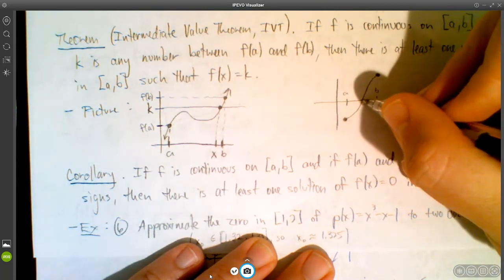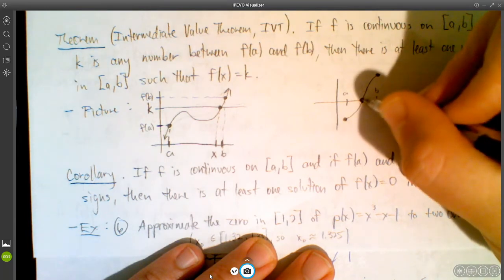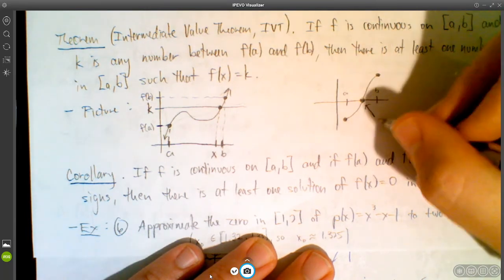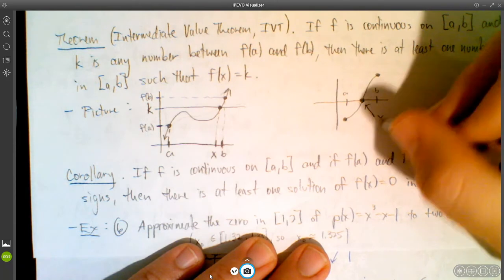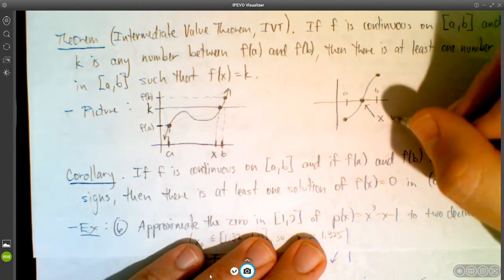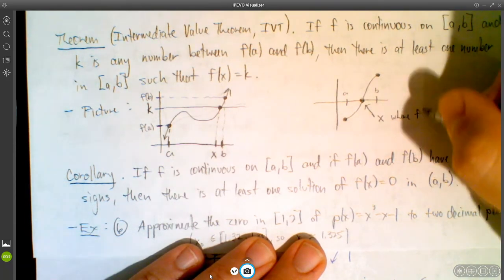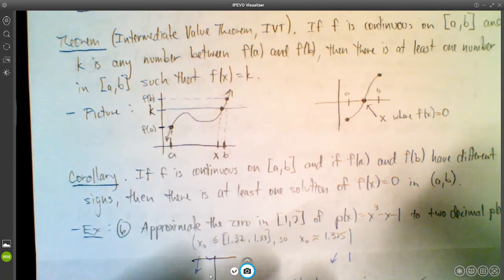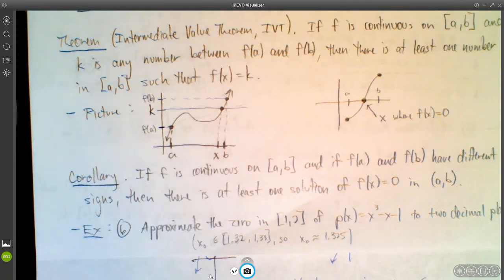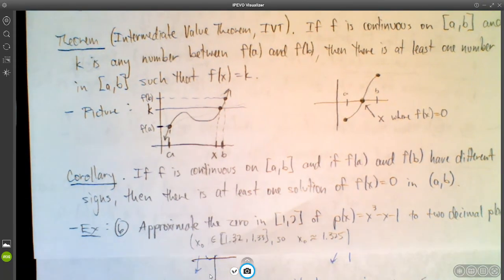Well, that means you must cross the x-axis at some point. So there must be a point x at which f of x equals 0. Gotta be. So that's what the corollary is saying.